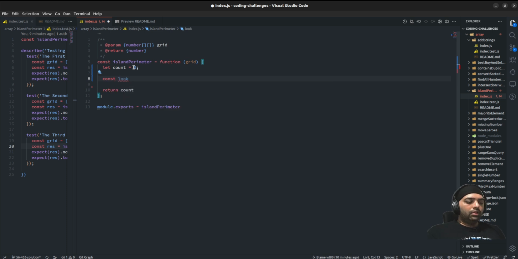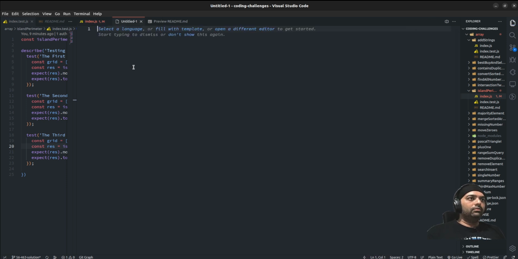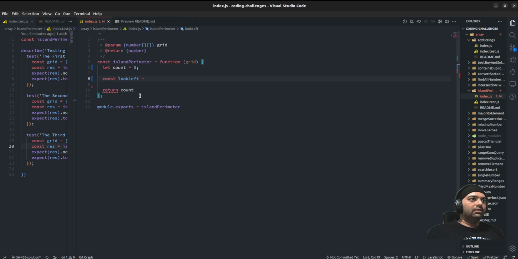lookLeft. So we would be able to find the left. Oh, my bad, I had done something. Okay, i and j, and we would be having our parameters over here.